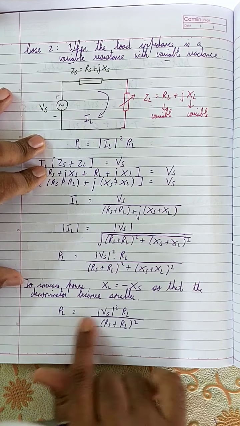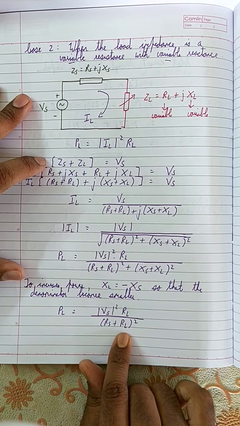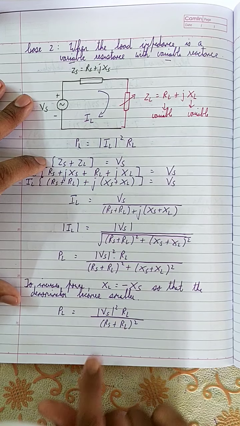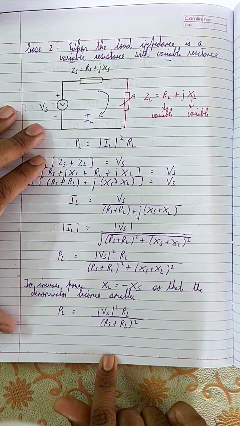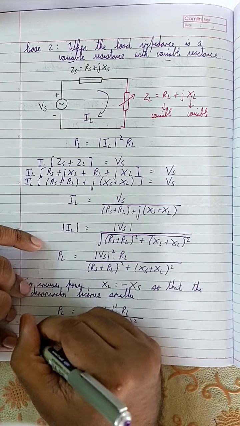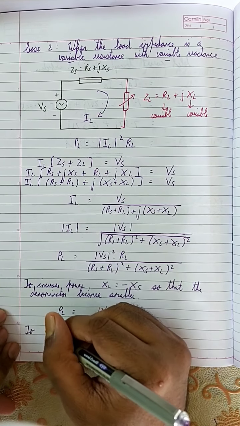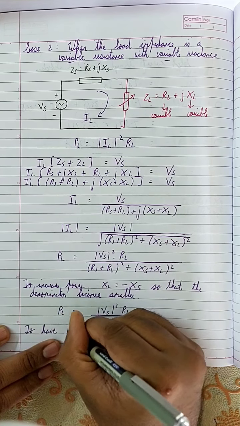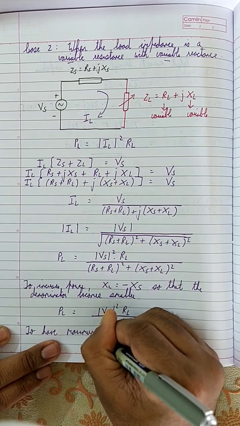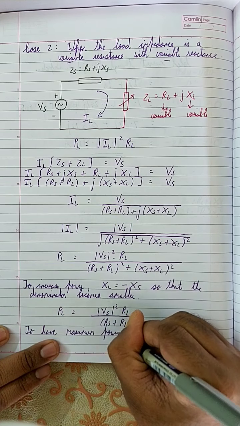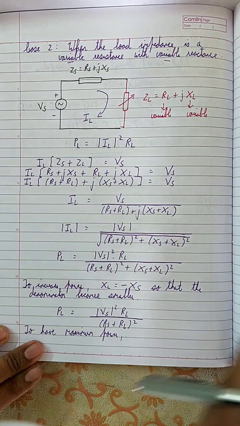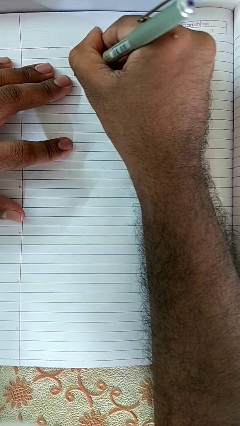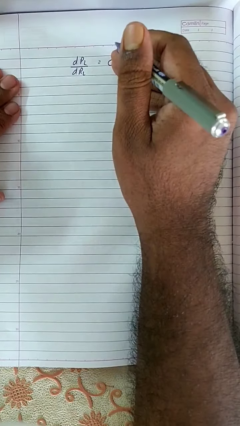So what I'm going to do is find the value of RL so that maximum power can be extracted from this equation, right? This quantity will become maximum. So in that case, to have maximum power, again I'm going to differentiate it with respect to RL and equate it to 0. This is what I'm going to do.